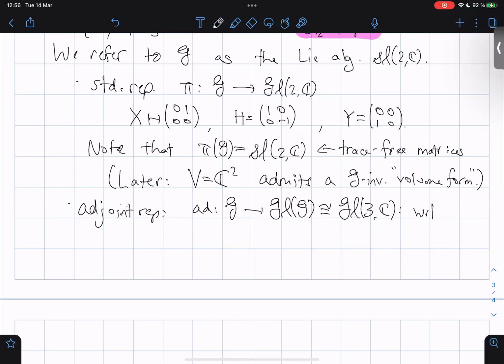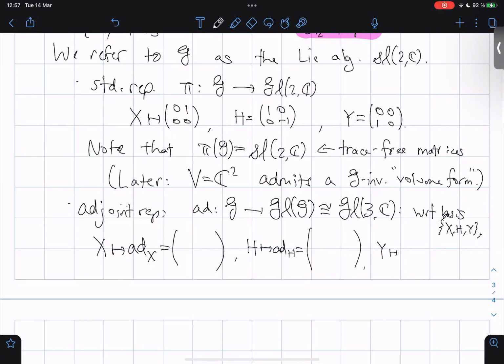With respect to the SL2 triple basis, X, H, Y, let's see what these matrices look like. The linear operators are ad X, ad H, and ad Y, each a matrix.